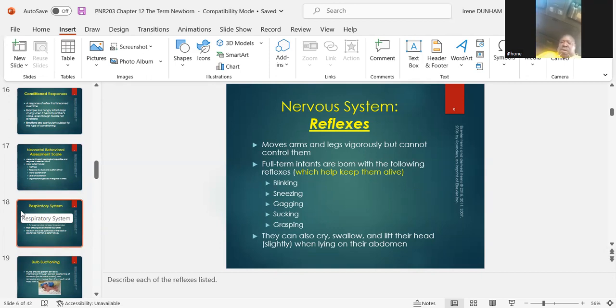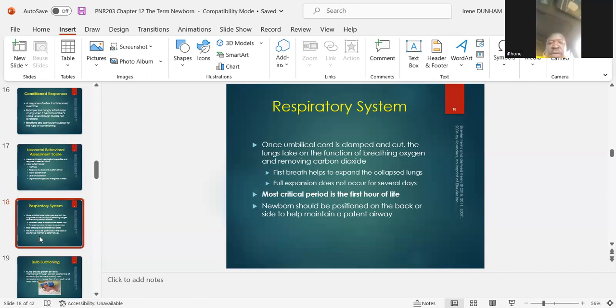Gagging's real important because if they swallow something, like amniotic fluid when they're just born, they can gag it out and bring it up. Sucking they need for feeding, and grasping so they can protect themselves. You probably don't study it that way, but it does make sense. Okay, so respiratory.